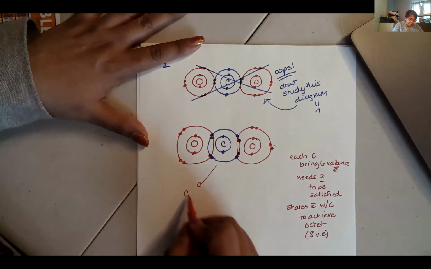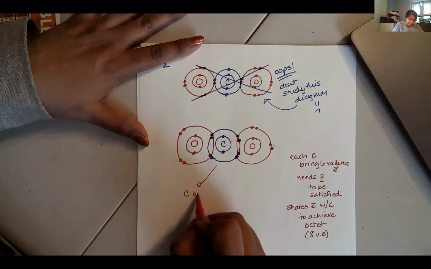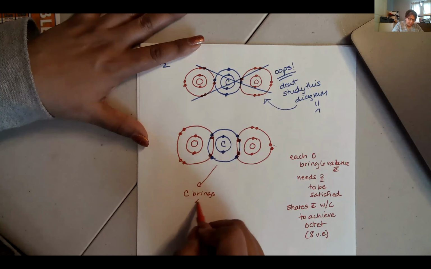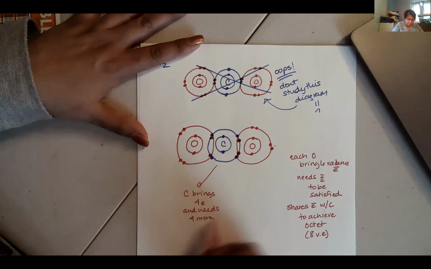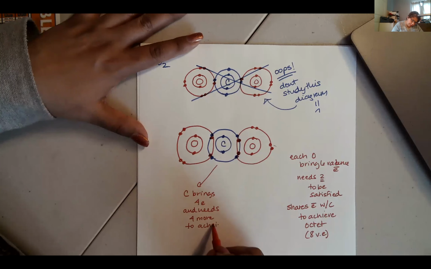At the same time, the carbon brings its 4 valence electrons and needs 4 more to achieve the octet.